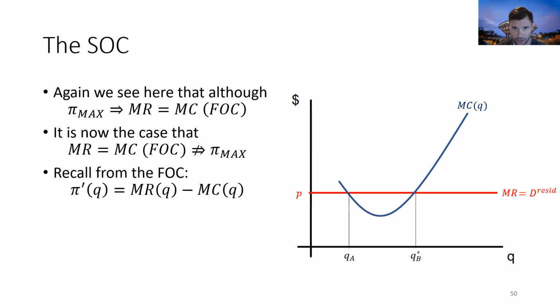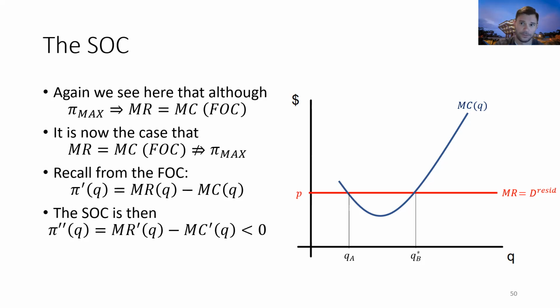So if we wanted to impose a second order condition here, we can do that. If we do that, then I have to take the derivative of the marginal revenue and the derivative of the marginal cost. And our second order condition was that we had to have that frown face profit function, meaning it needed to be negative. Now you'll notice this condition generalizes pretty nicely if we add that negative marginal cost term over to the right.